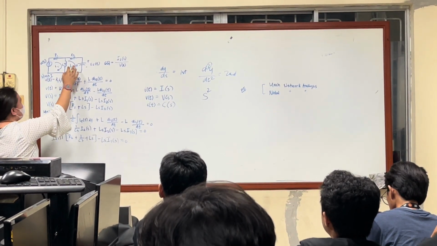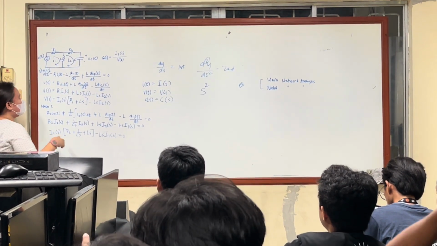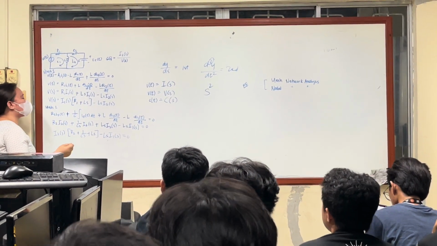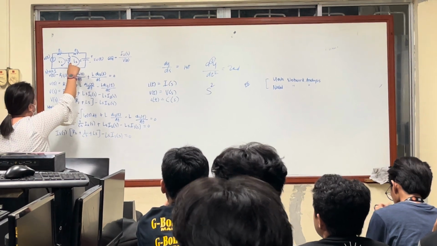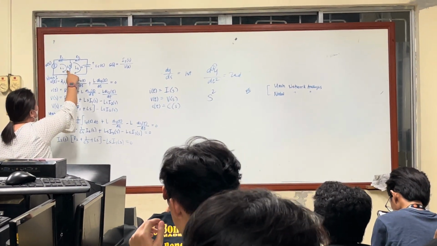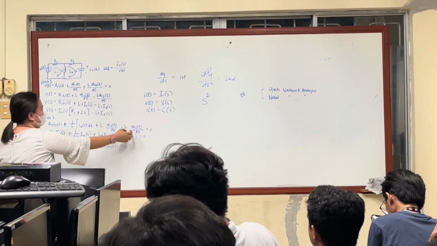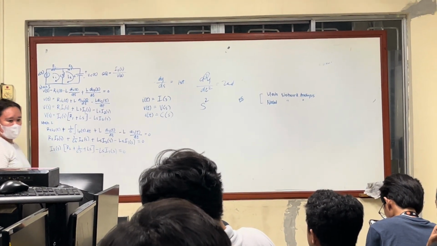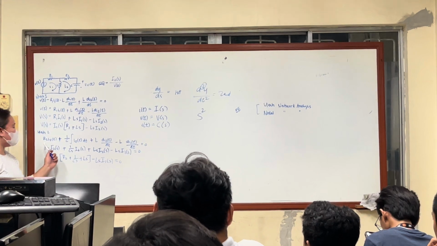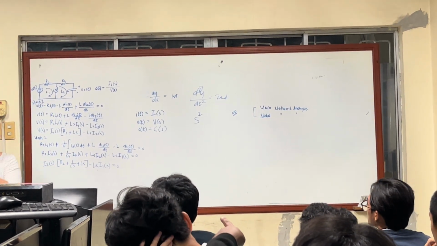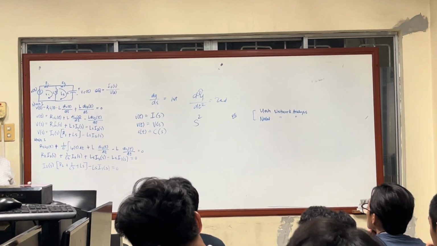We have another mesh. Right? So mesh 2. Okay? If you go minus, then minus L1, minus plus L1, the opposite. If there is no input, it goes straight to equal to 0.